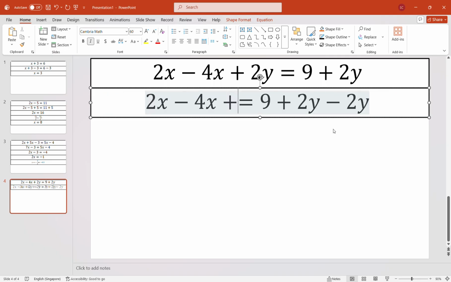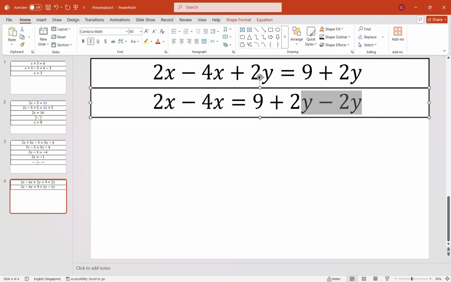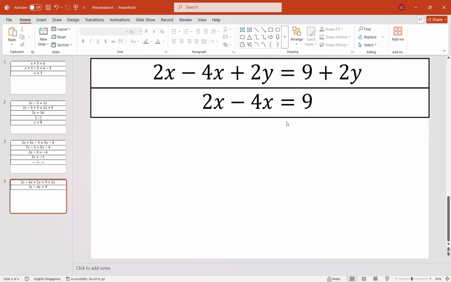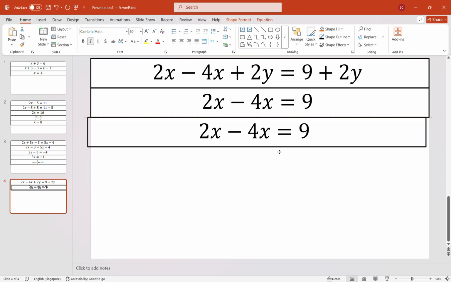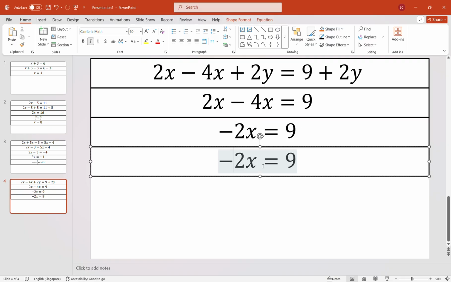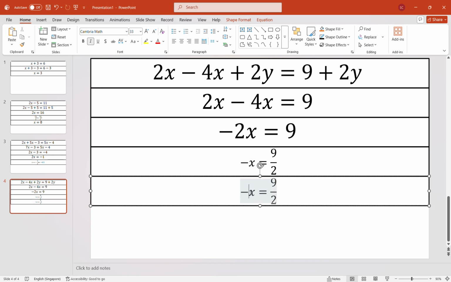The 2y's cancel each other out, giving us 2x minus 4x is equal to 9. And then 2x minus 4x, we can combine like terms to give us negative 2x equals 9. Then we divide both sides by 2, giving us 9 over 2. And then divide both sides by negative 1 to give us negative 9 over 2.